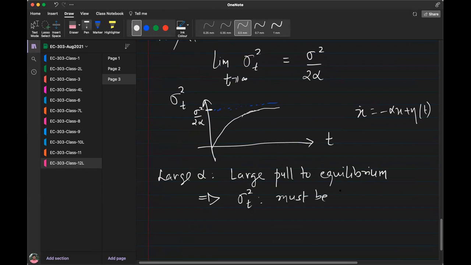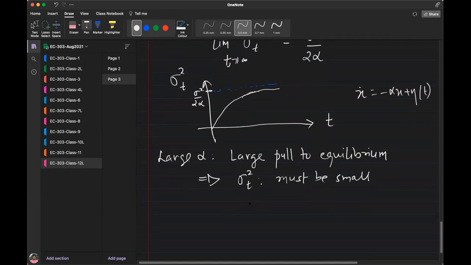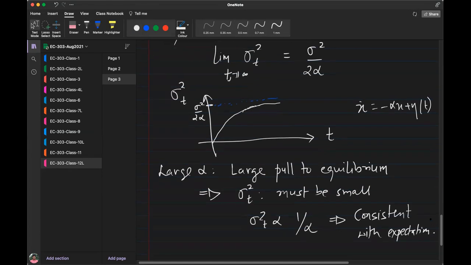Small, right? And indeed, sigma square is proportional to 1 over alpha, so it's consistent with our expectations. The larger the alpha, the smaller the sigma t. The system is pulling back very rapidly, which means the variance will be low. Very good.